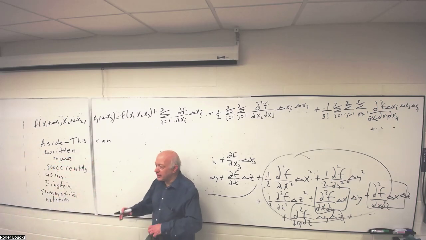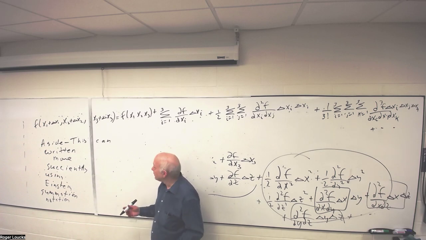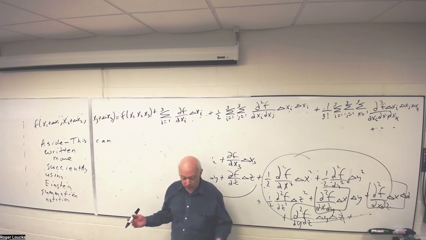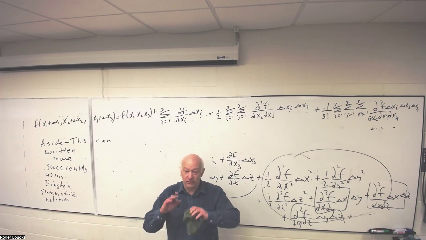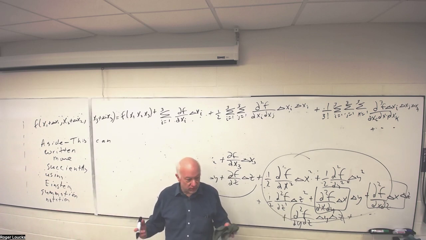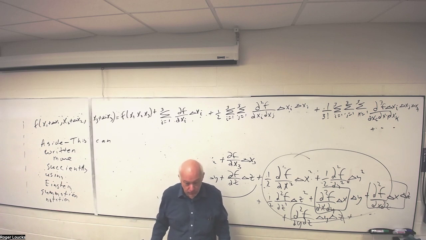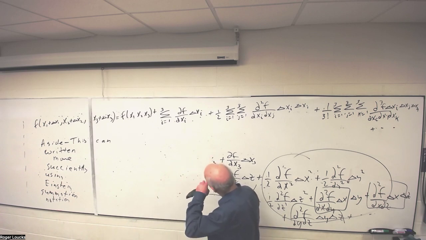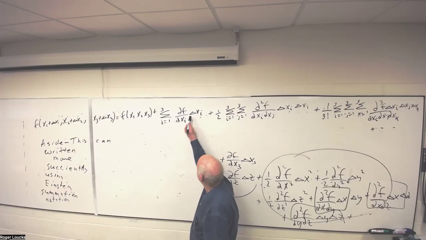What Einstein realized, basically, is that when you take general relativity and do anything with it, you have sums upon sums upon sums, and it gets really complicated to write. If you look at terms that are being multiplied, and you have an index that is repeated, that index is always being summed.